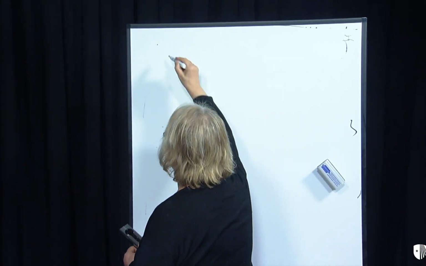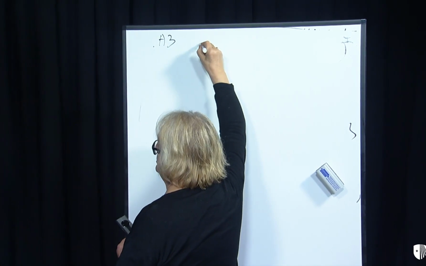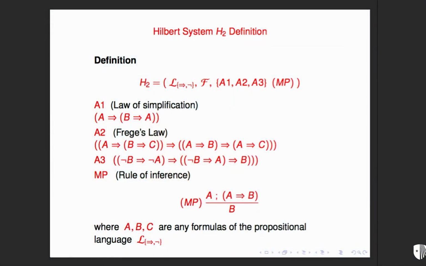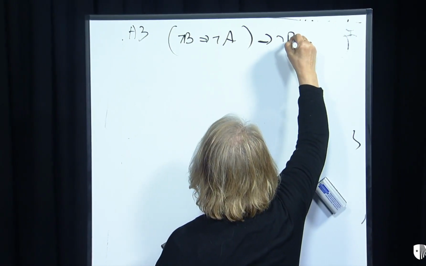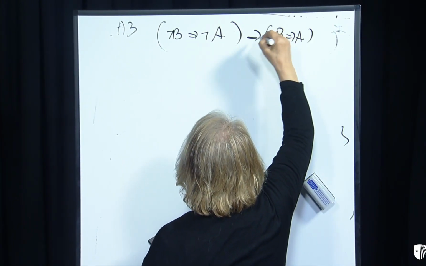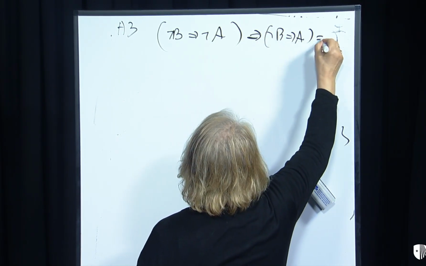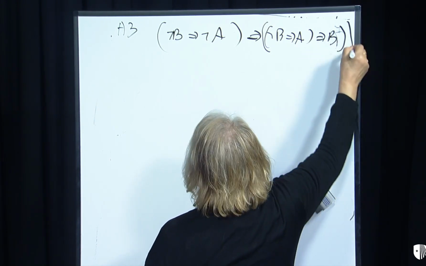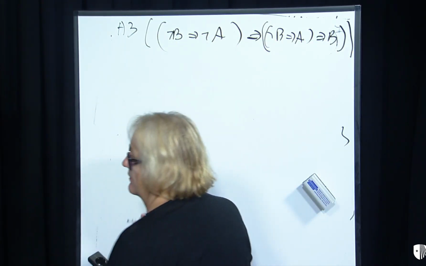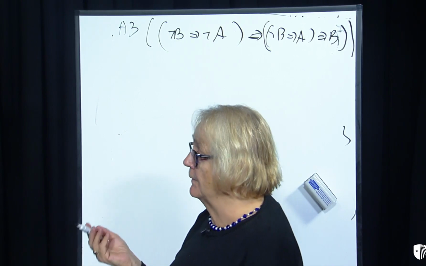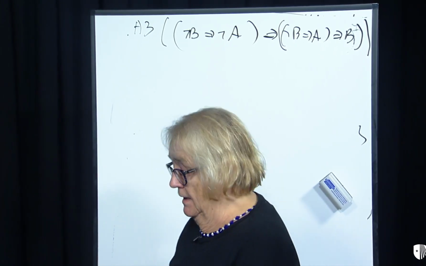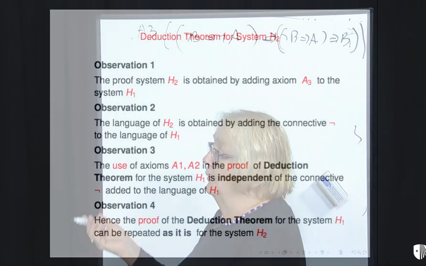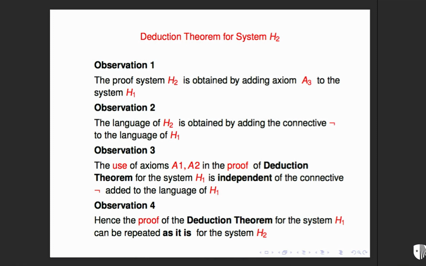It means we add A3, which is: not B implies not A, implies, not B implies A, implies B. And now I close this, I close this, I close this, and I have a proper axiom. So we add one axiom, and we get H2.